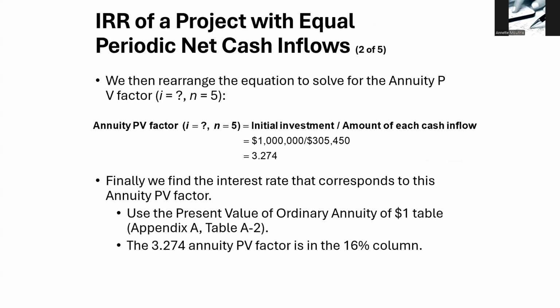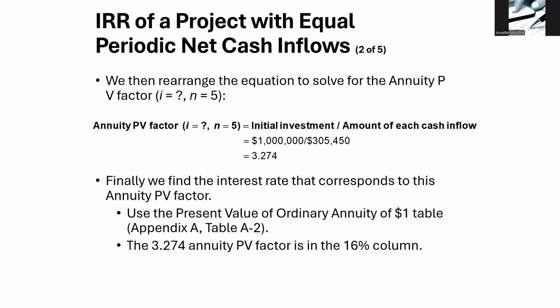The present value of the net cash inflows can be rewritten as the amount of cash inflows multiplied by the annuity present value factor of an unknown interest rate for the given time period. Now, this allows us to solve for the annuity present value factor.